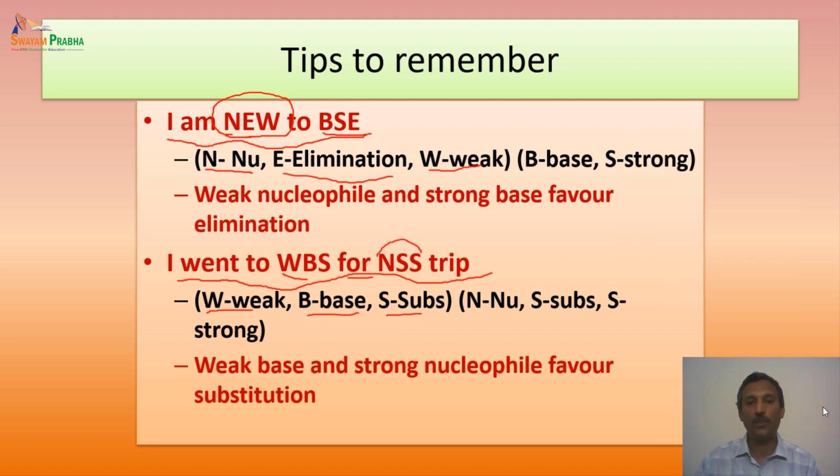And NSS trip: N is for nucleophile, S is for strong, S is for substitution. So a strong nucleophile favors substitution reaction. By remembering these two, you can remember the entire SN1 and E1 mechanisms in a much simpler way.